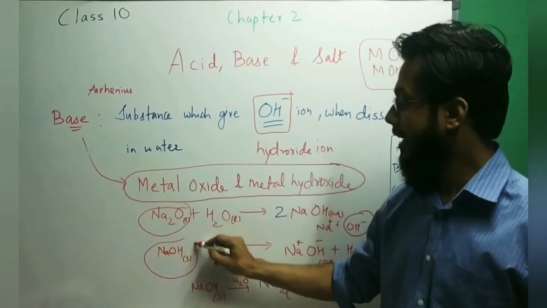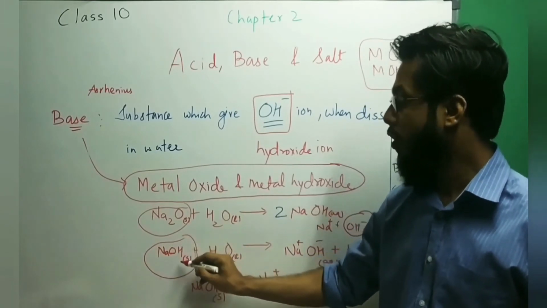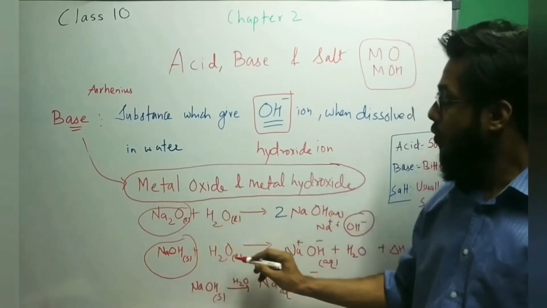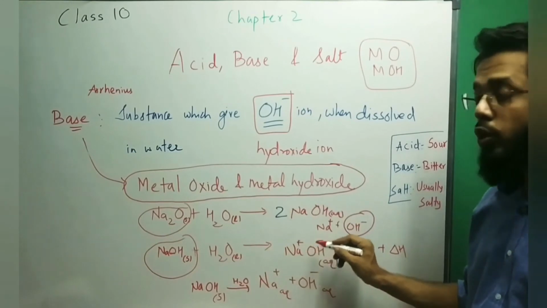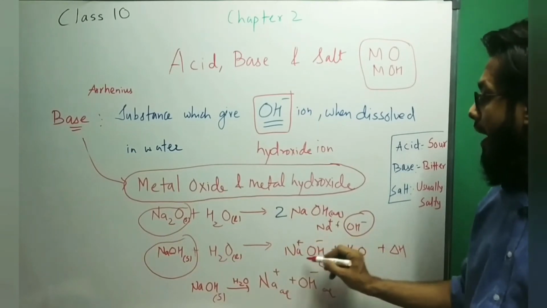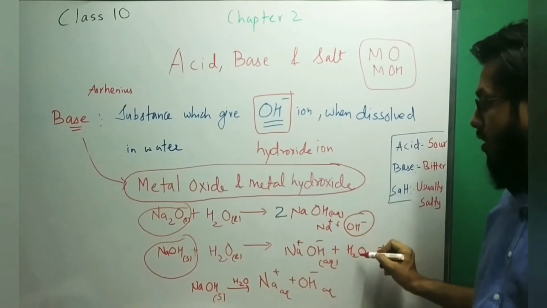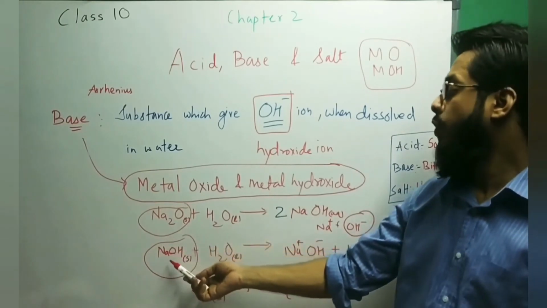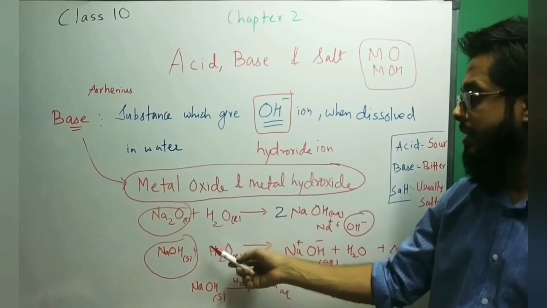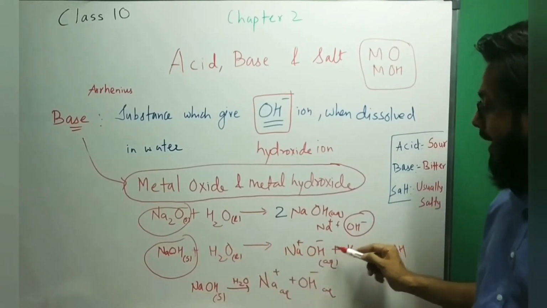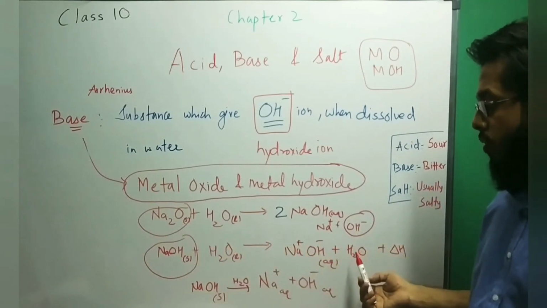Metal hydroxide, like sodium hydroxide, in solid state, when dissolved in water, dissociates and gives Na plus and OH minus in aqueous solution. So you will see NaOH plus H2O on the reactant side, and on the product side also NaOH plus H2O.